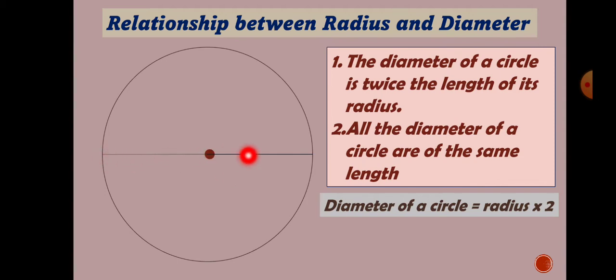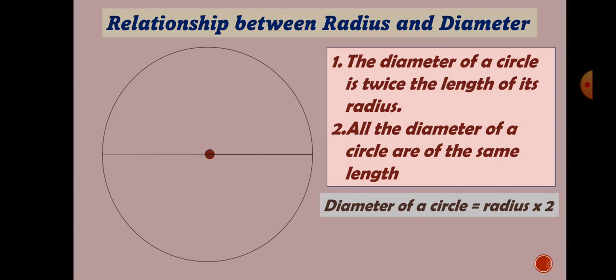If I make it a complete line, it becomes the diameter of the circle. All the diameters of a circle are of the same length, means students, here we can make as many diameters as we want, and they will all be of the same length. There will be no change in the length of the diameter.